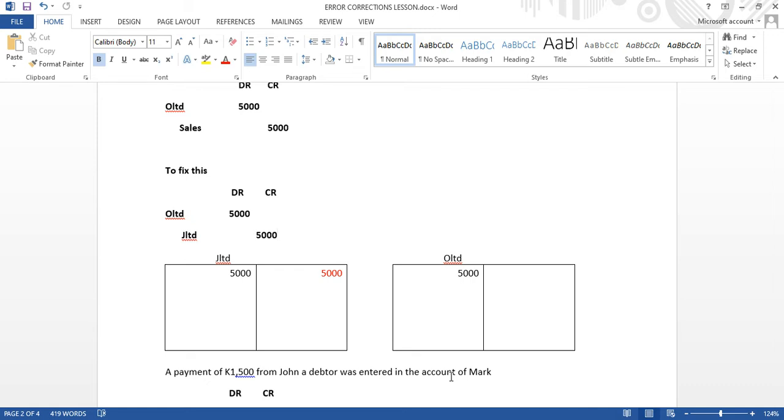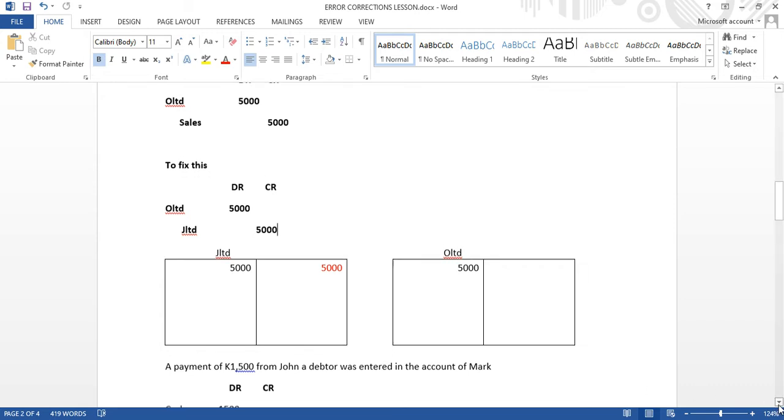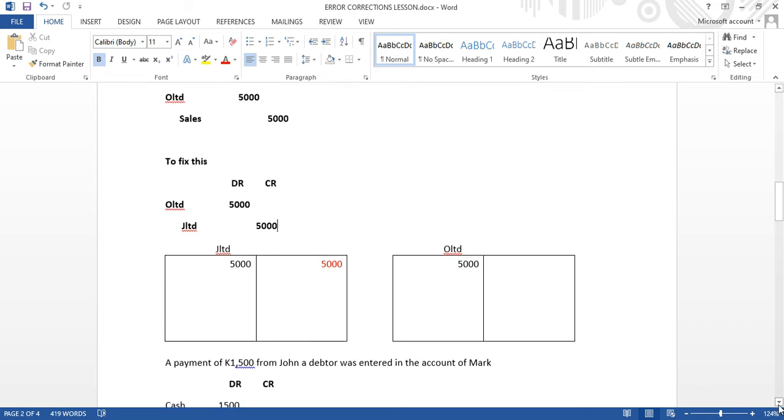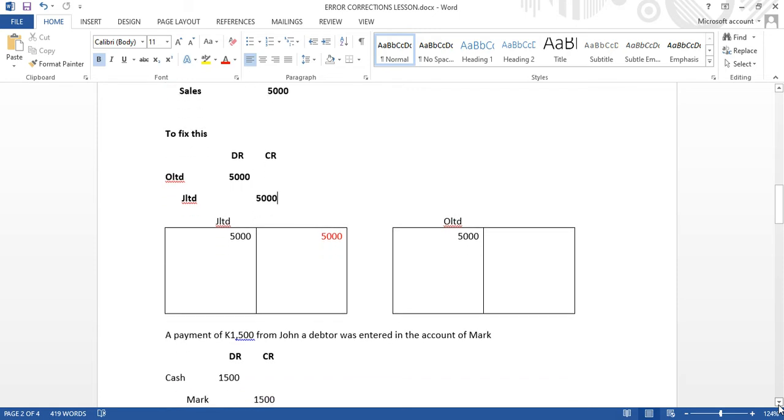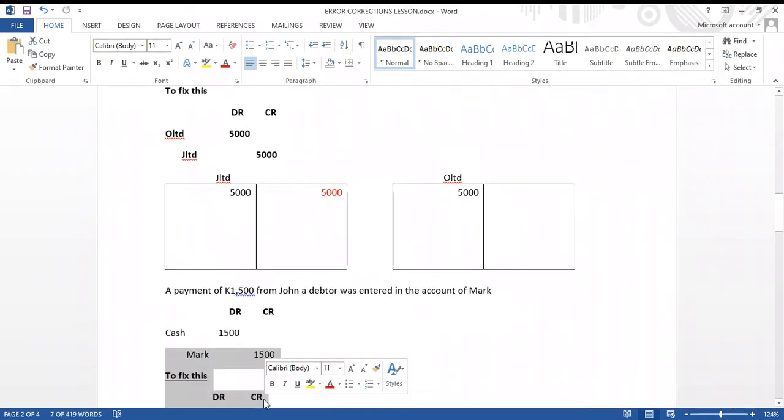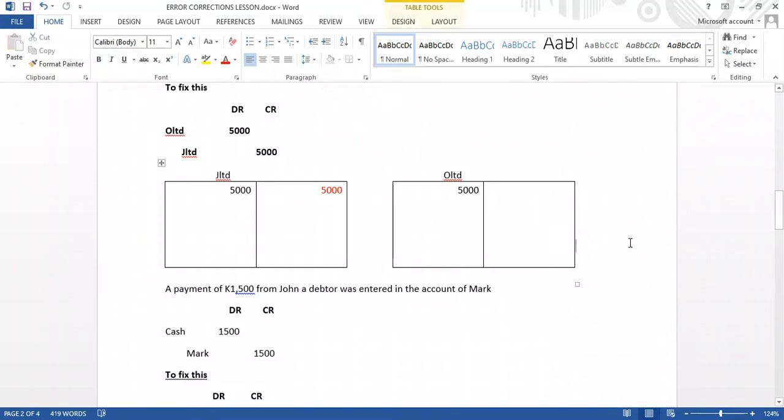Can someone tell me what we would have to do to correct this error? This is the error here: we debited cash and we credited Mark. It was supposed to be John here. So what do we do?